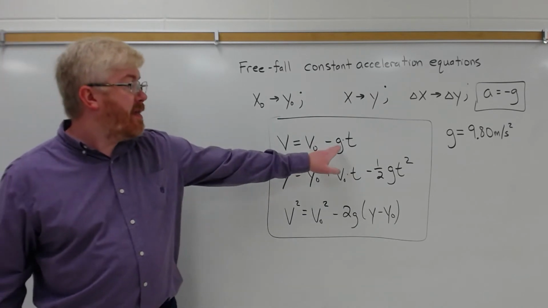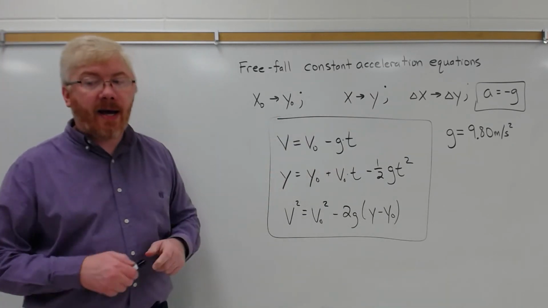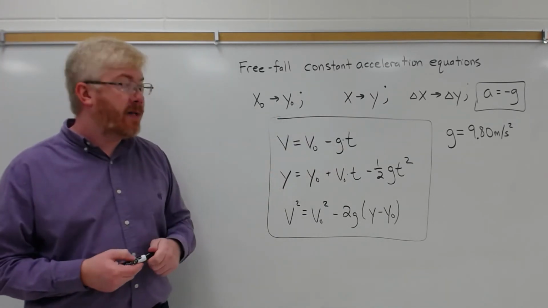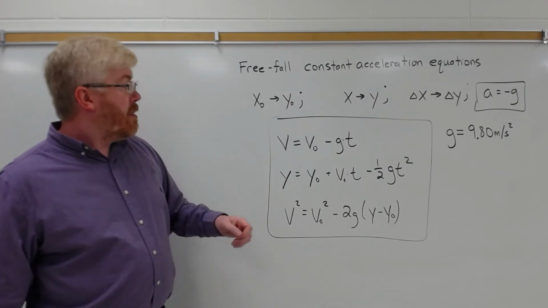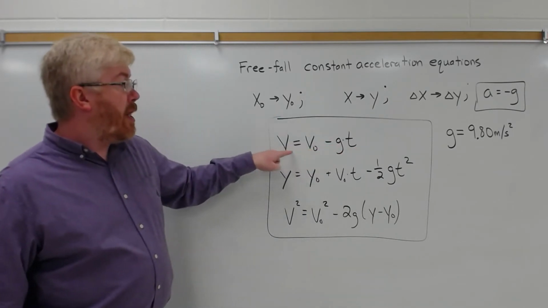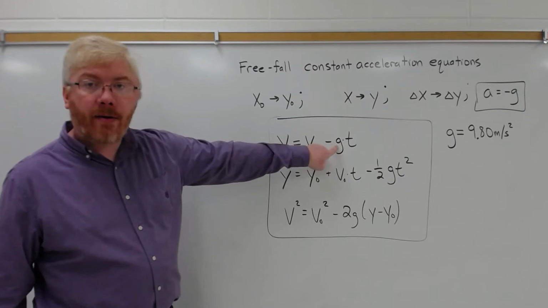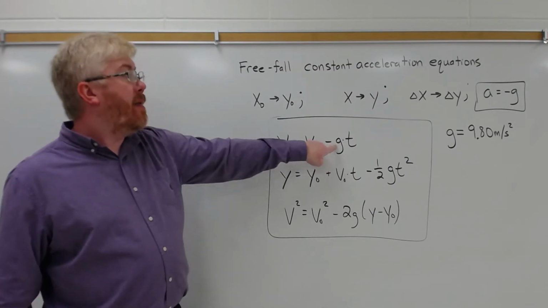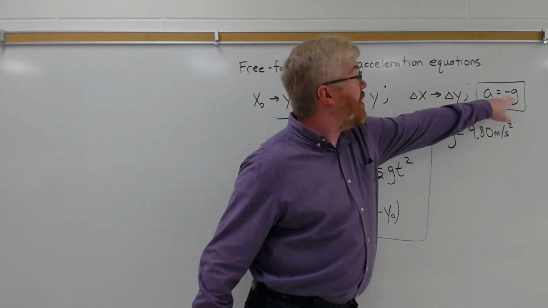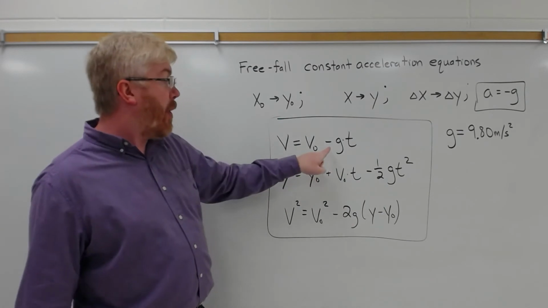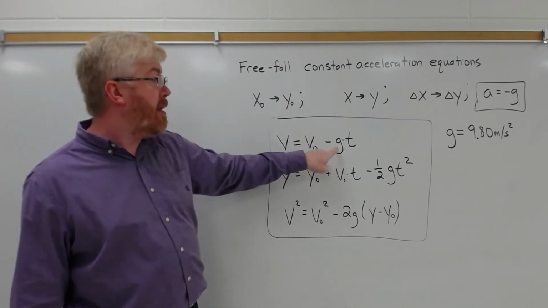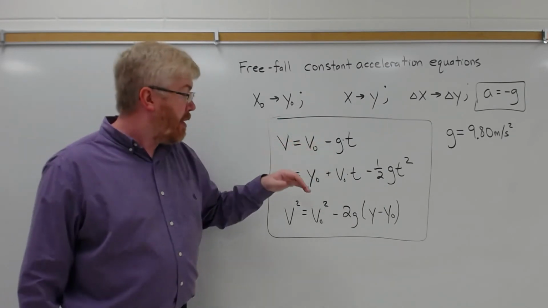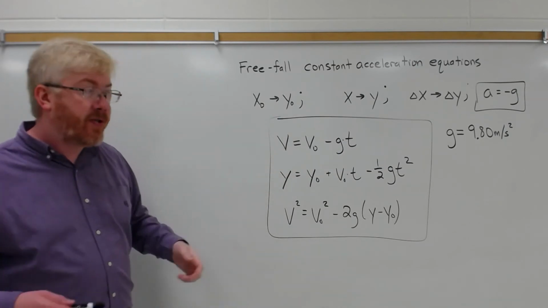So wherever you see this g, you substitute in 9.80 meters per second squared. If you recall the other equation, there was a plus a here instead of a minus g. Well, the acceleration is minus g, so substituting in minus g for a turns this into a negative sign, and the a becomes a g. Just an algebraic substitution, very straightforward.